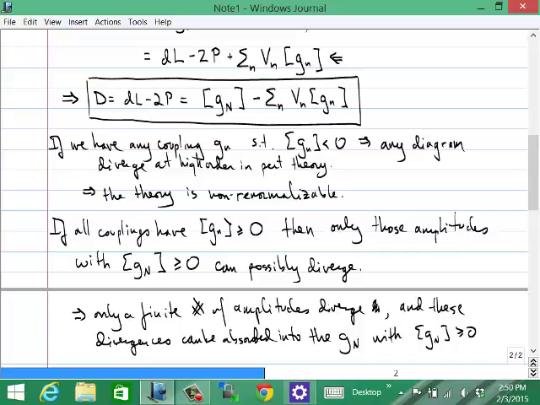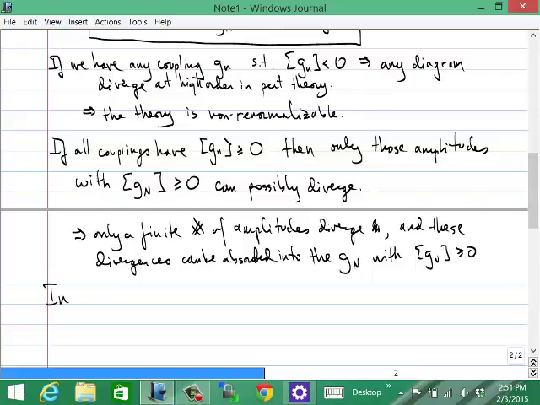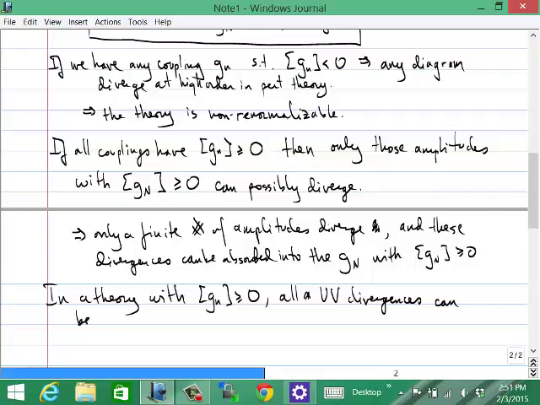So, to say that another way, we could say that in a theory with only these positive dimension coefficients turned on, all of the UV divergences can be cured by renormalizing these coefficients.